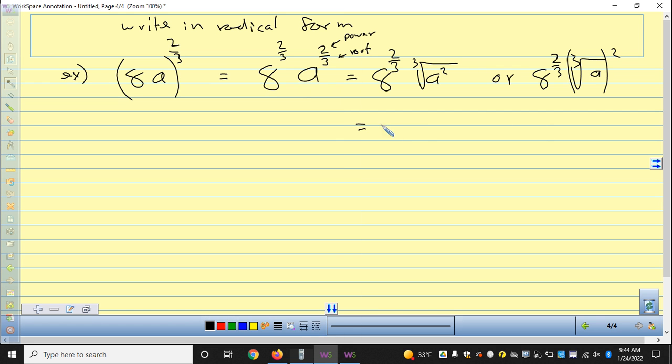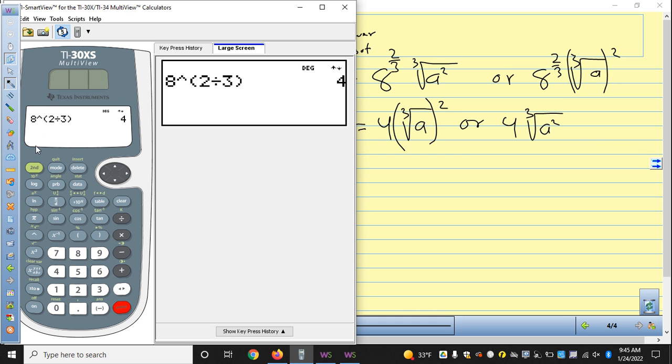So I could write this as 4 times the cube root of a squared. Either way will work. And this exponent on our calculator is the little up arrow.